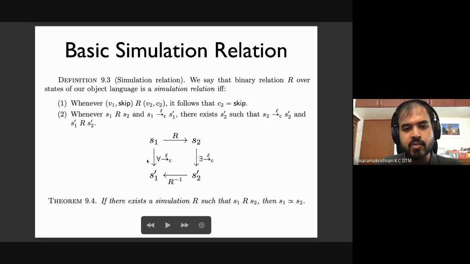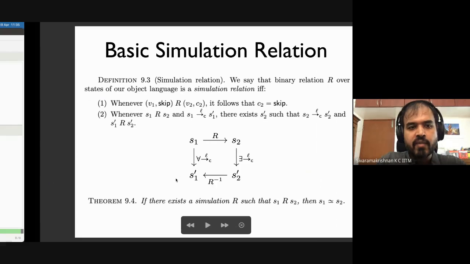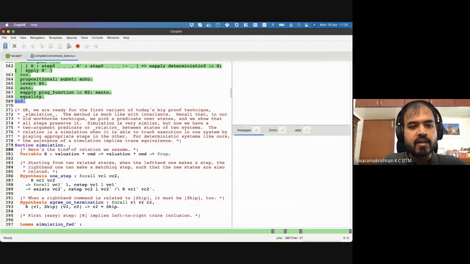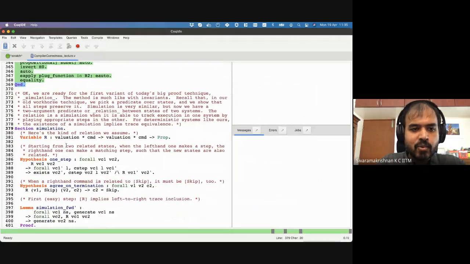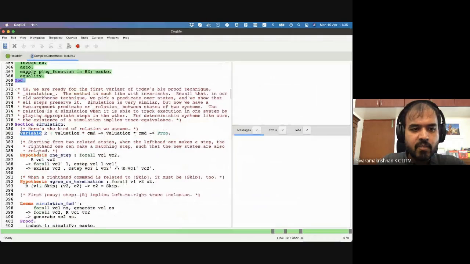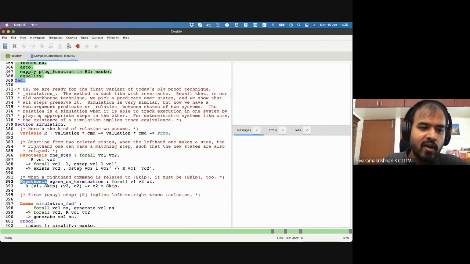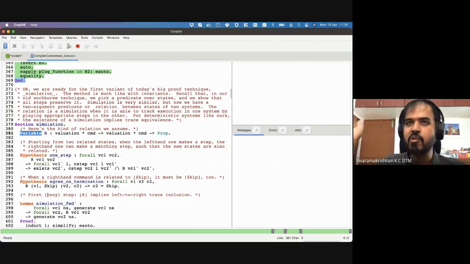So S1 prime and S2 prime are related, right? The way we do it is we use the support for variables and hypotheses in Coq. We have not seen this before. All of these are the same as hypotheses, right? They are just different terms, but eventually they are all hypotheses. The idea is that we are going to make a certain set of assumptions, right?